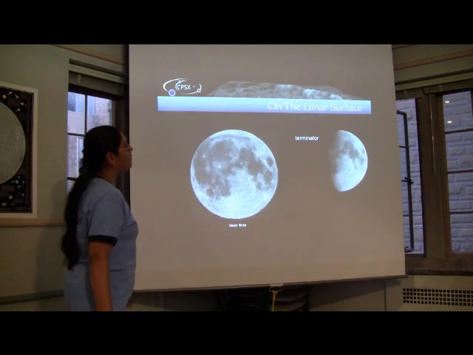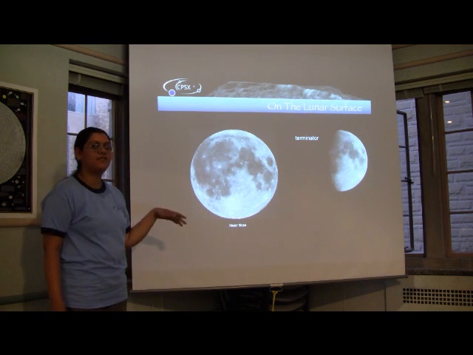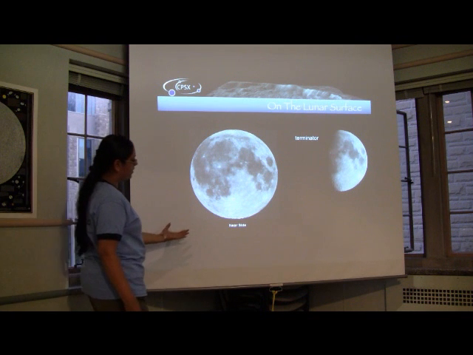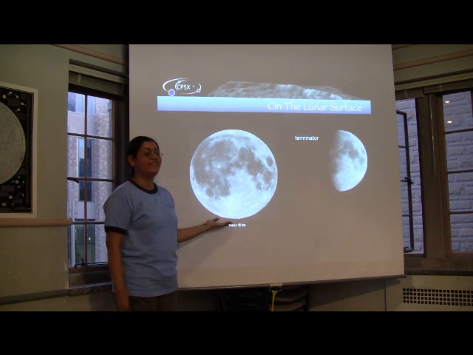So now we're shifting gears to see more about what we can tell about the lunar surface. Over here is a view of what we see each and every night, depending on the phase.